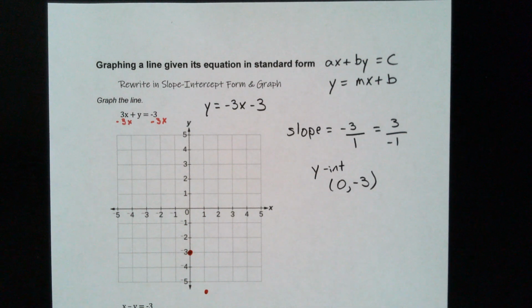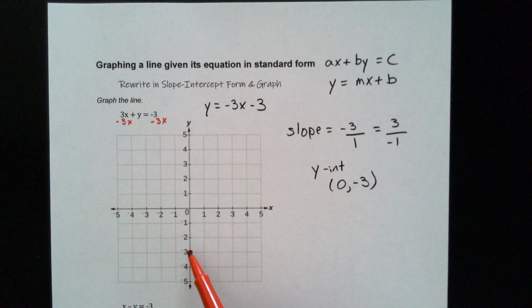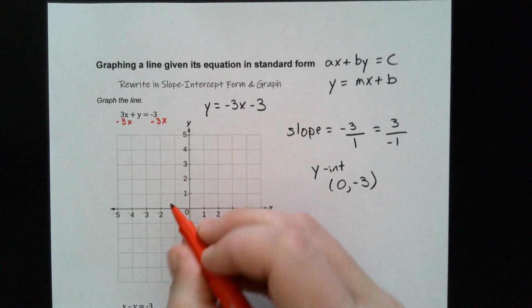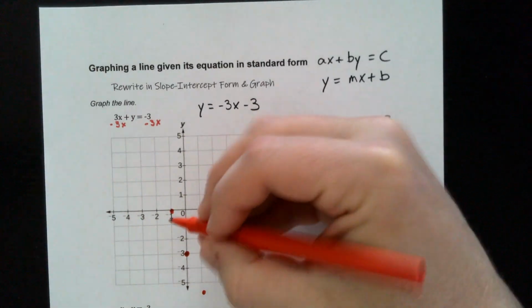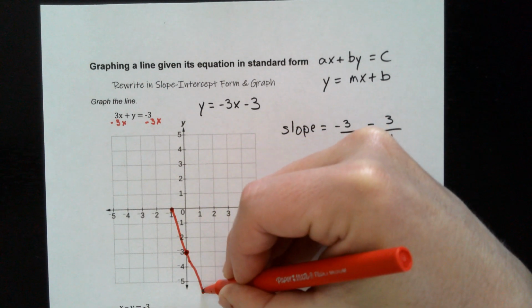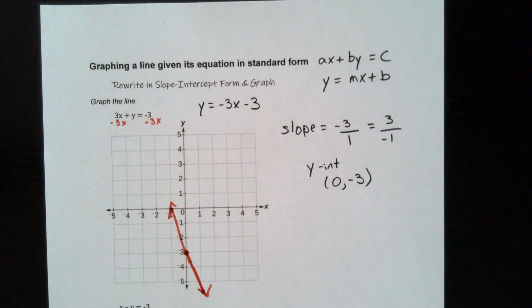Then I can use the other one to go back to the original point and go up 3, but then left 1. So 1, 2, 3, and 1. If you connect those dots, you've got yourself a somewhat straight line.